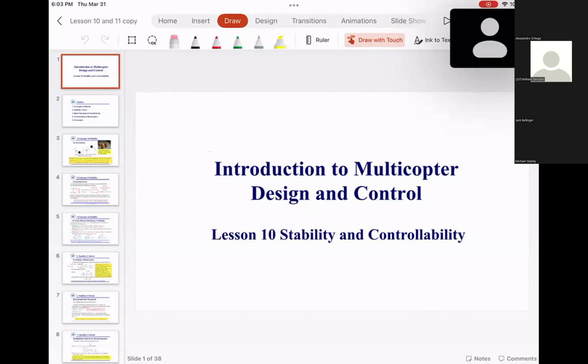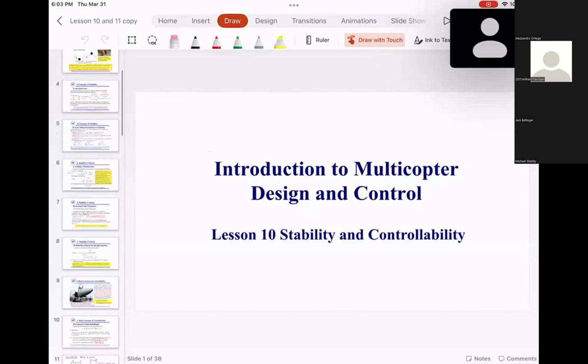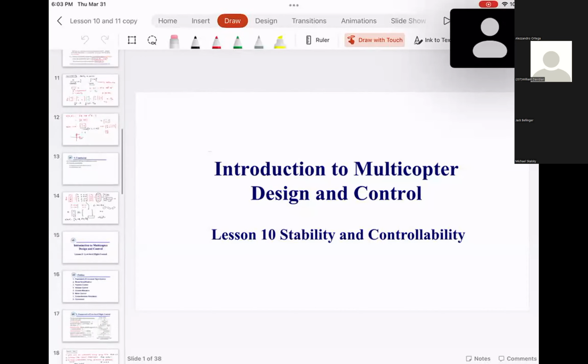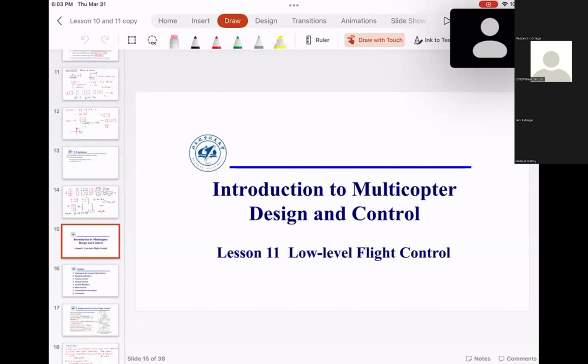Okay, in today's class, we are going to continue our discussion on what we started with. This is the nitty-gritty of low-level control, in the sense that we have a quadcopter and now we want to design a controller for the quadcopter.